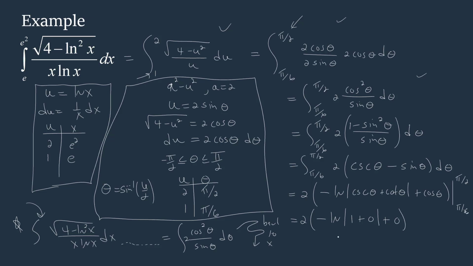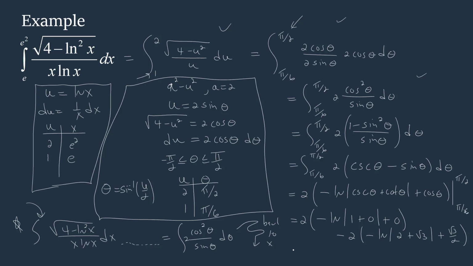And then I have minus 2 times negative the natural log absolute value of the cosecant of pi over 6, which is 2, plus the cotangent of pi over 6, which is square root of 3. And then I have plus the cosine of pi over 6, which is square root of 3 over 2. And that's the answer.